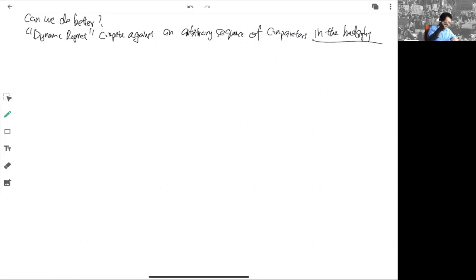So the corresponding dynamic regret is equal to the sum of f t x t from 1 to t, so this is the argument that you played as a player, minus the minimum over any sequence u1 to ut of the sum of f t u t from 1 to t. Okay, so that's the definition of dynamic regret.